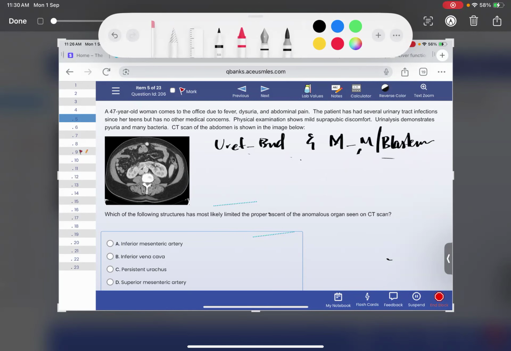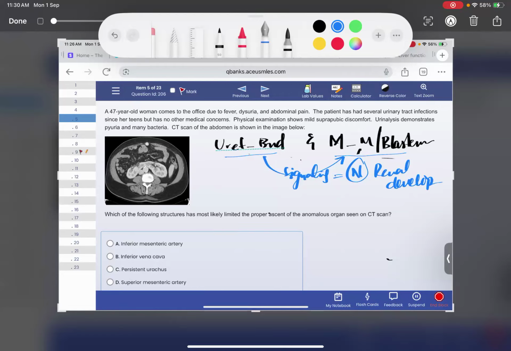Now come to important high yield points. We have signaling between the ureteric bud and the metanephric mesenchyme for normal renal development.